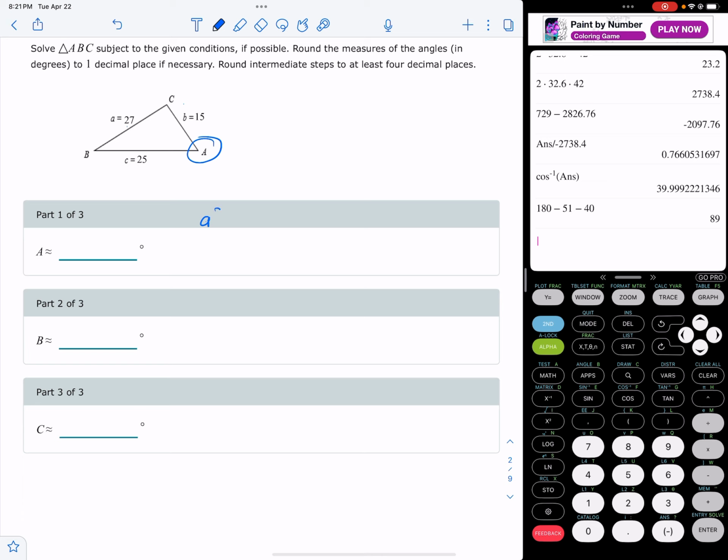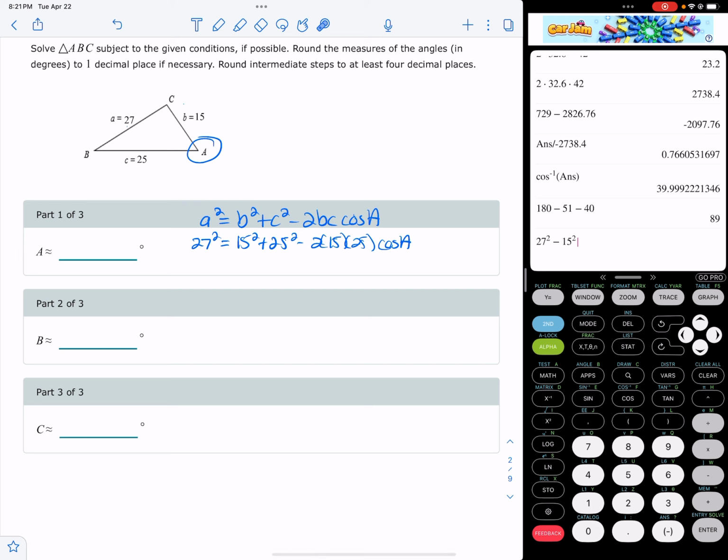So the formula there would be a squared equals b squared plus c squared minus 2bc cosine A. Fill in what you know. Now I want you to watch what I'm going to do here. 27 squared, and I'm going to subtract 15 squared.